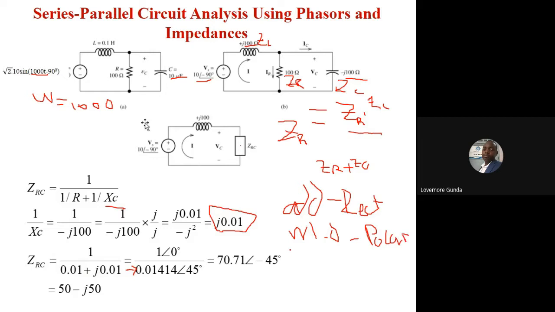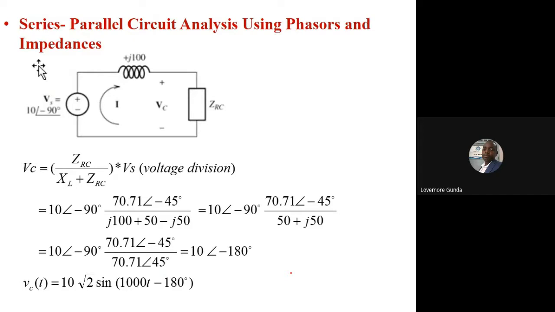You should be flexible to move between those two forms, rectangular to polar, polar to rectangular, depending on what you want to do. So since this is division, it is easier to convert to polar, do your usual division, then 0 minus 45, you get your angle straight away like that. That becomes your ZRC.